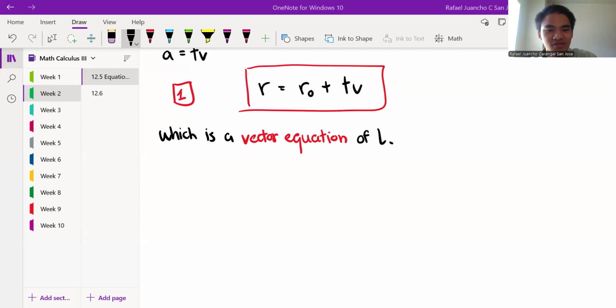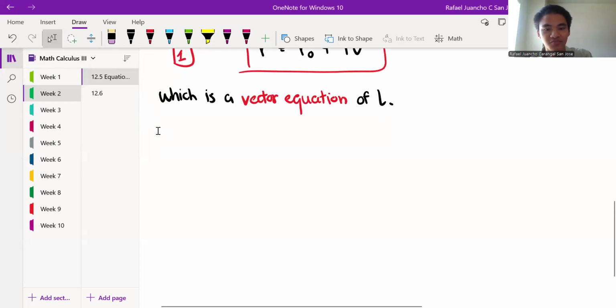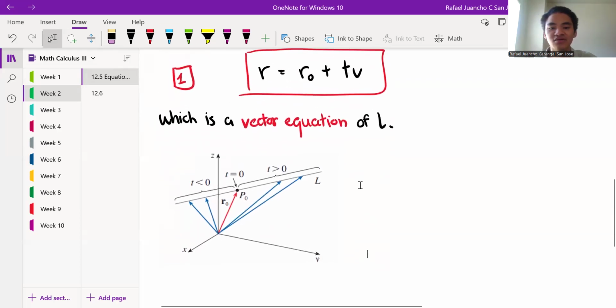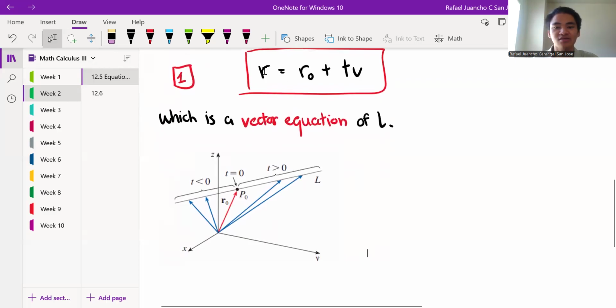So based on this picture, I think it's trying to say that if we plug any t into this vector equation, whether it's negative, 0, or positive, we get a corresponding r, right? But I don't see where r is here, so that's confusing. If we plug in 0 for t, then we get r equals r naught.